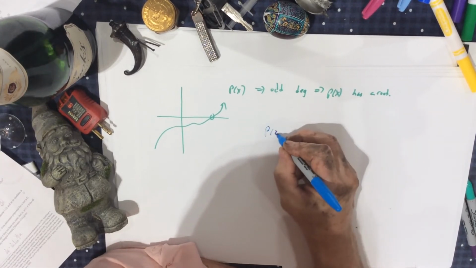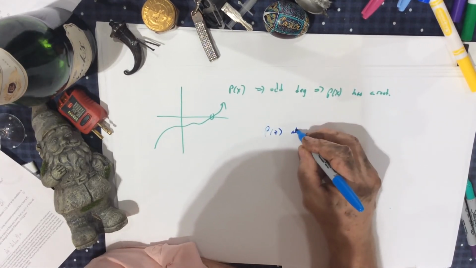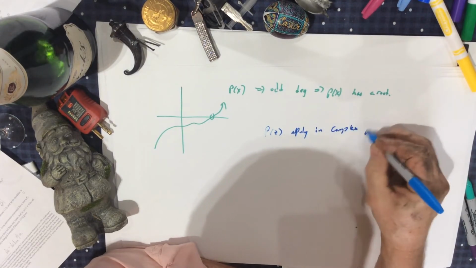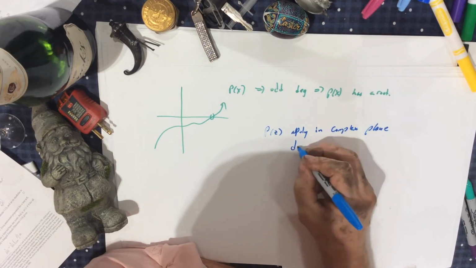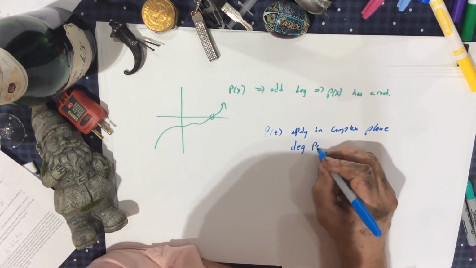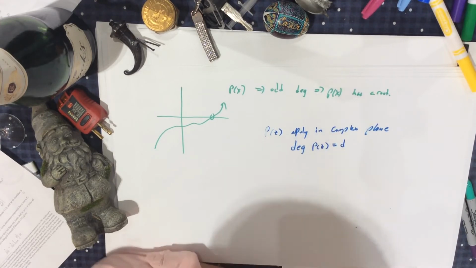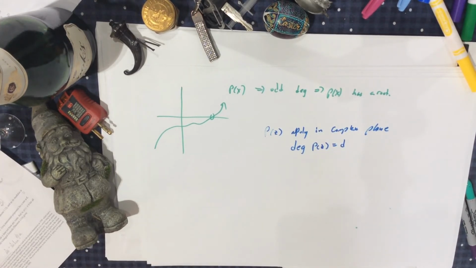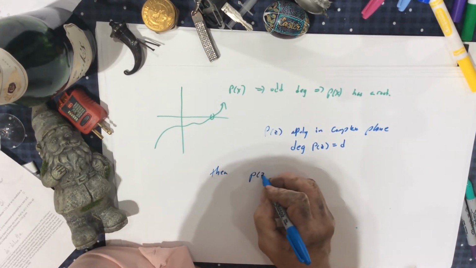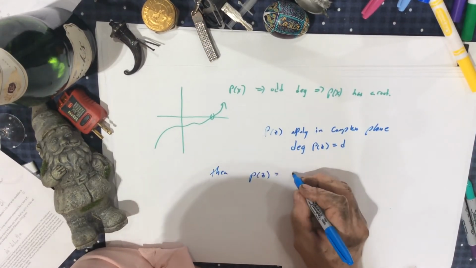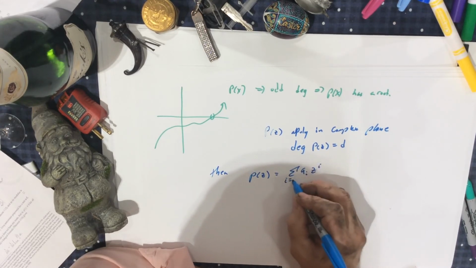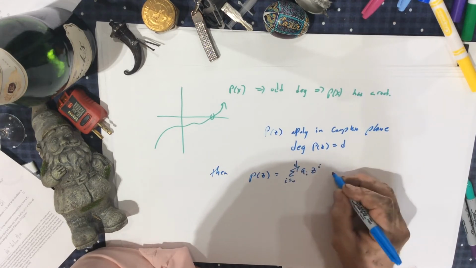So we're going to take p of z, a polynomial, and its degree, we'll call it d. Now, what we're going to do is write that p of z is really just the sum of a_i z to the i, i equals 0 to d.